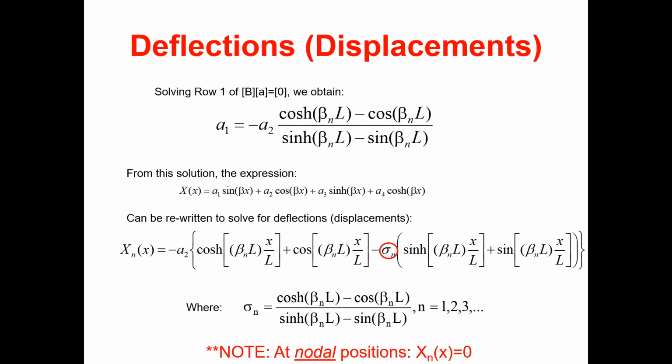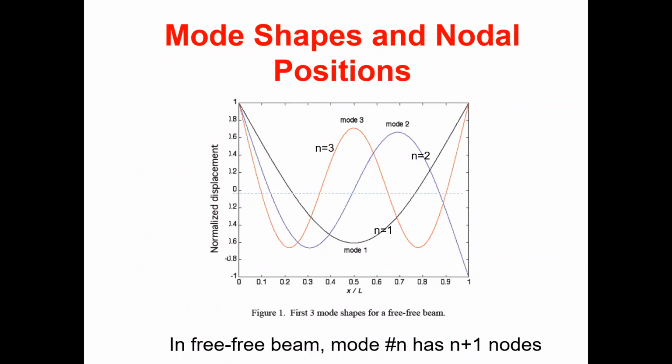And this is going to be very helpful in finding the nodal positions, or the nodes, in which the displacements are zero. So we saw the nodal points in the video that you saw earlier, right? That is going to be one of the goals in the experiment as well. But for a free beam, essentially for each mode we have n plus 1 nodal points or nodes.